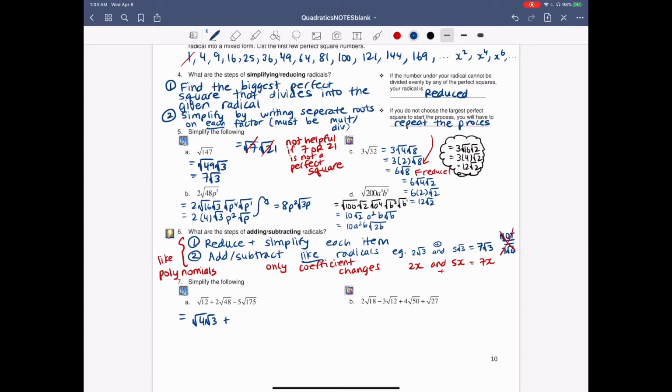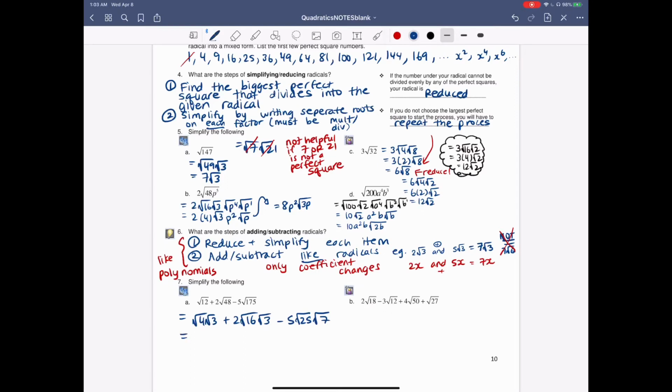So I'm going to say 2 square root 16 and 3. So 16 times 3 equals 48. For the 175, it is divisible by 5, but 5 is not on the list. It is divisible by 25, and so I'm going to write 25, and 175 divided by 25 is 7.